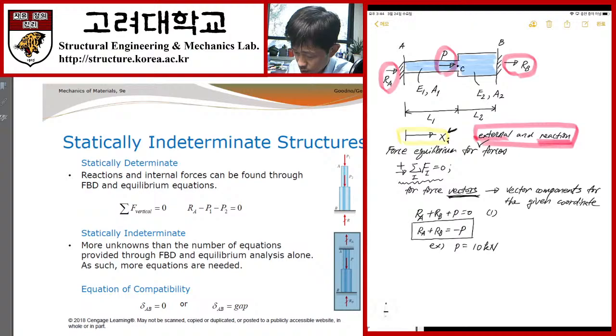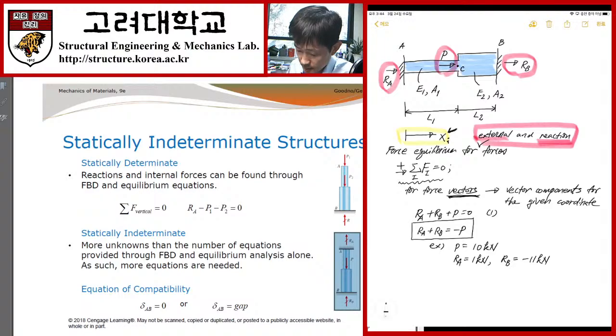And then we want to choose, for example, RA is equal to 1 kilonewton, and then RB is equal to minus 11 kilonewton. Look at this. 1 minus 11 is equal to minus 10. And that satisfies the force equilibrium condition perfectly.